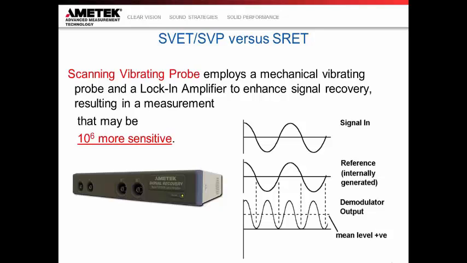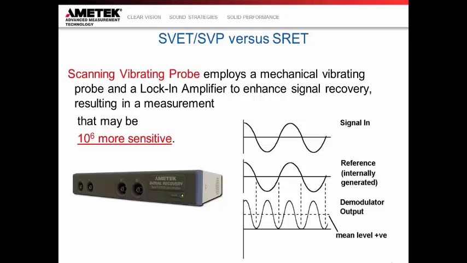Noise is generally randomly distributed across the frequency spectrum, so on a noise versus frequency graph, it's going to be shown at every frequency. Now, in your particular lab, you may have higher noise at the 50 or 60 hertz mains frequency, so we select a frequency away from that value. That's why we defaulted to an 80 hertz frequency of vibration.